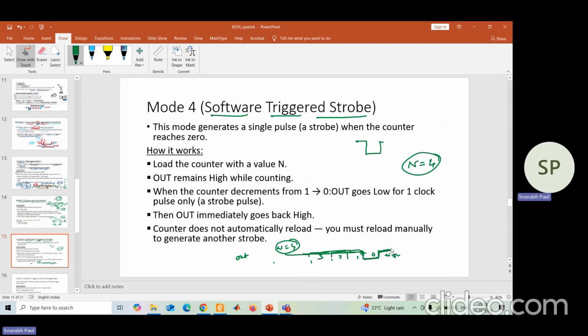This is not automatically repeated. You have to give a new value or the same value, then only it will start making the next part of the signal. Why is the name software? Because you load the value and the trigger is given automatically, not by hardware.